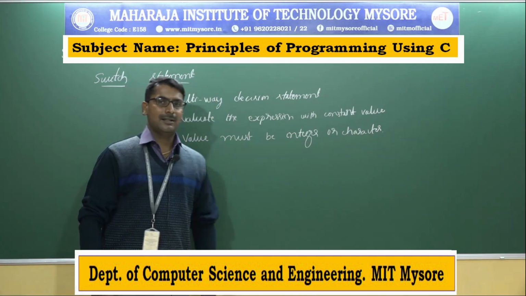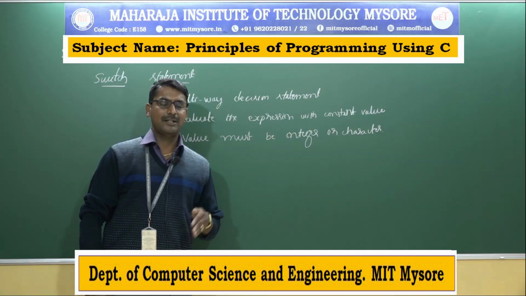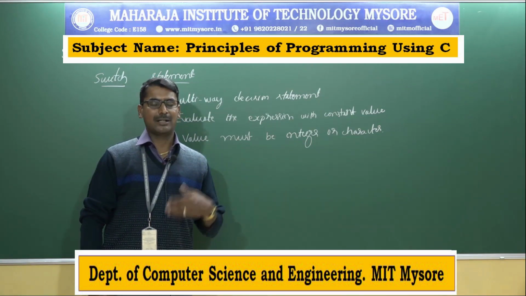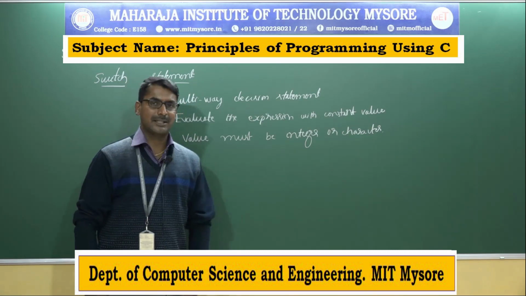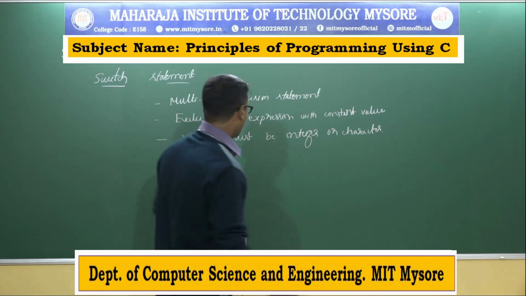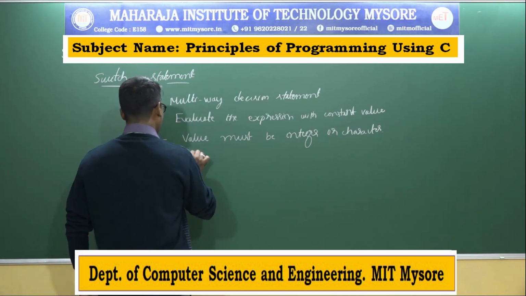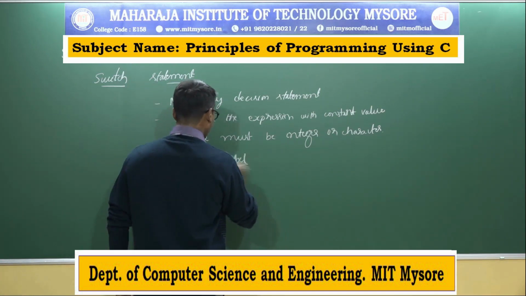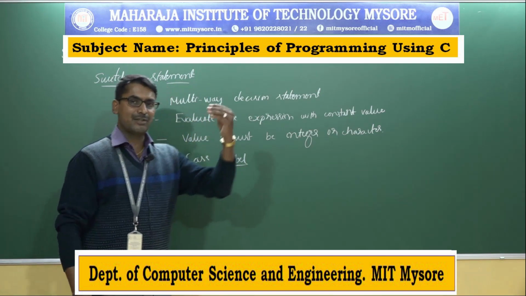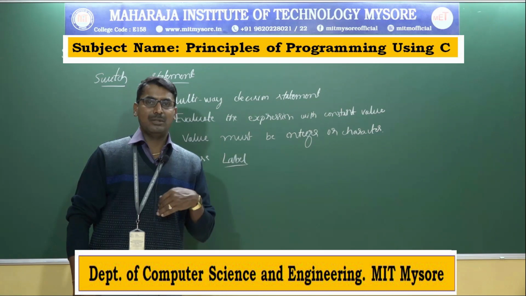In this, the expression will be evaluated and compared with the constant values. The constant values are represented by case labels. So, the expression will be evaluated and the corresponding case block will be executed.